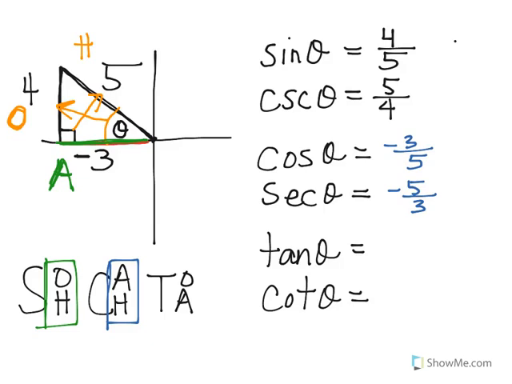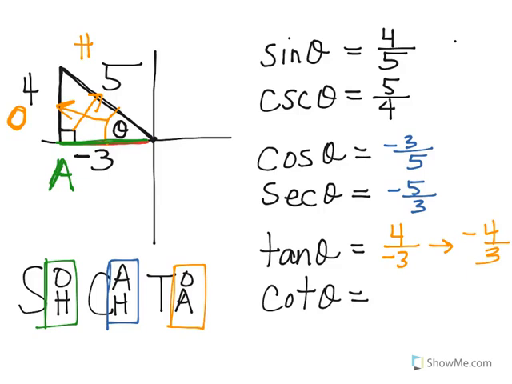Tangent theta is opposite over adjacent, based on SOHCAHTOA. So that would be 4 over negative 3 for tangent. By the way, I typically would just say negative 4 over 3 with the negative sitting closer to the numerator.